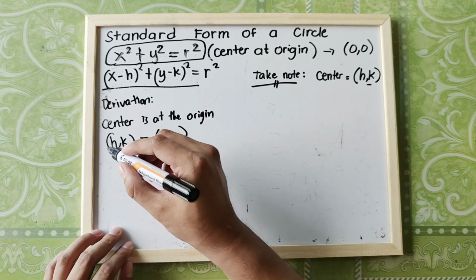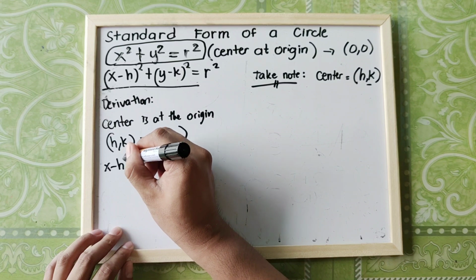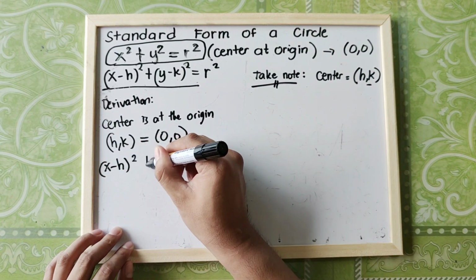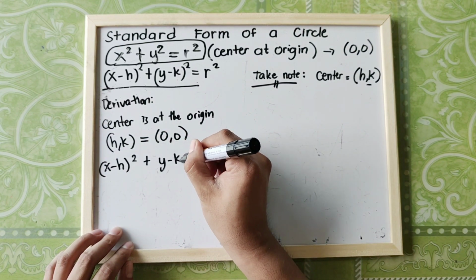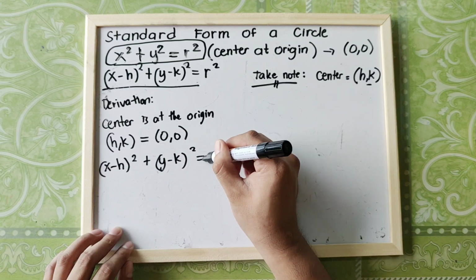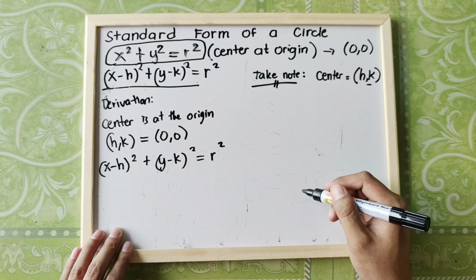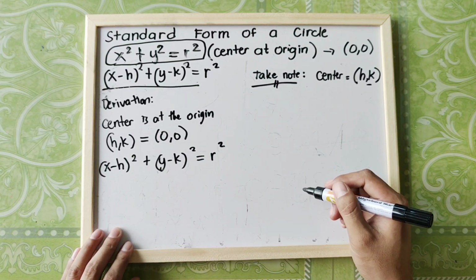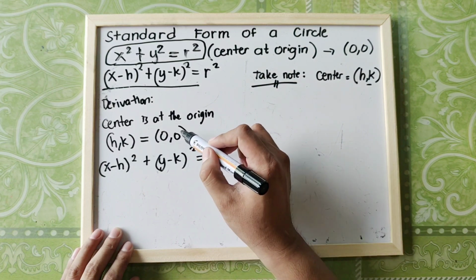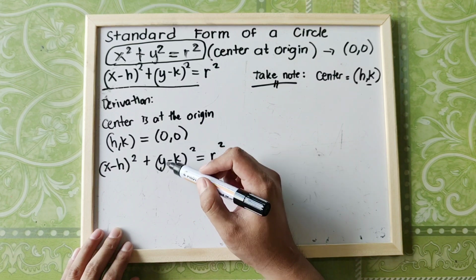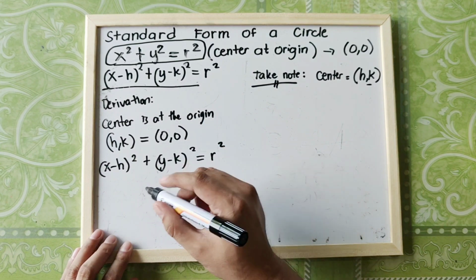So let's use the standard form of (x minus h). So this is the standard form. Let us just substitute the value of our center, the h and k, which is (0, 0), to the equation. So what will happen?